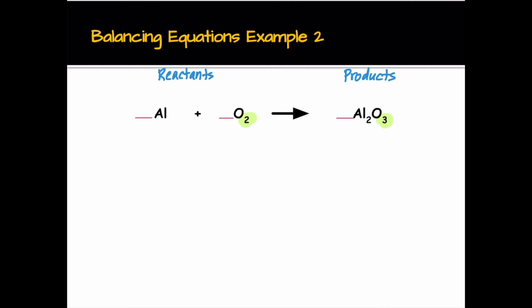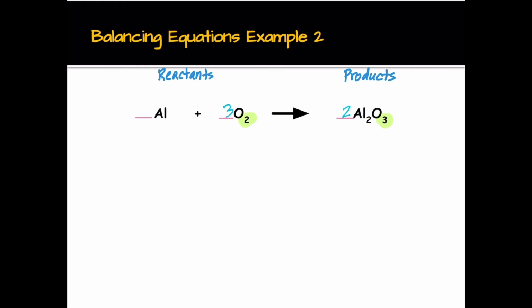We will get 6 atoms of oxygen by placing a coefficient of 3 in front of the O2 on the reactant side. We will get 6 atoms of oxygen by placing a coefficient of 2 in front of the aluminum oxide, Al2O3, on the product side.